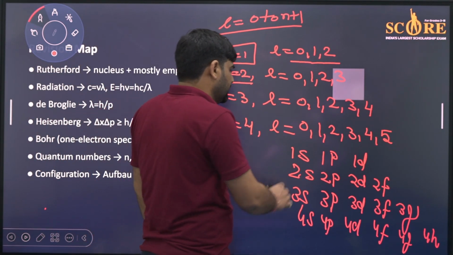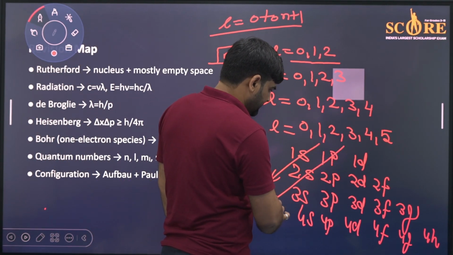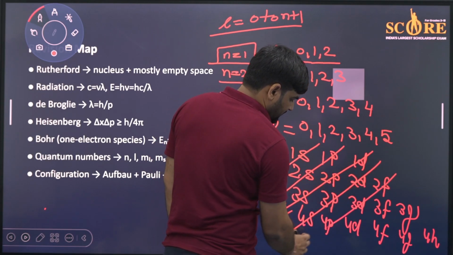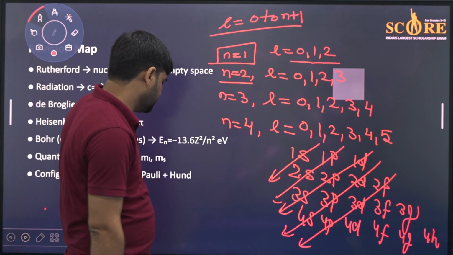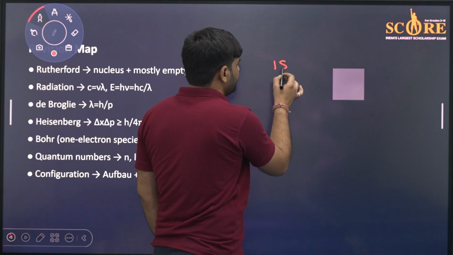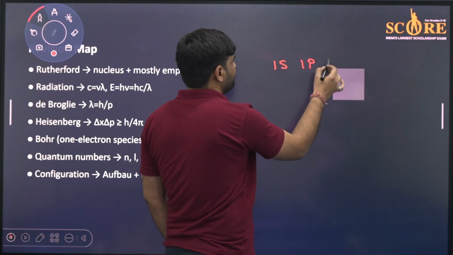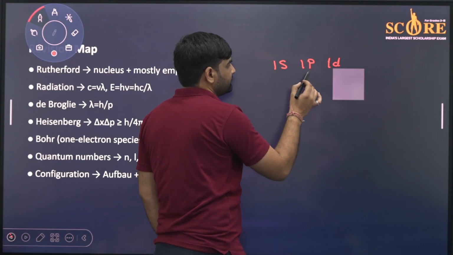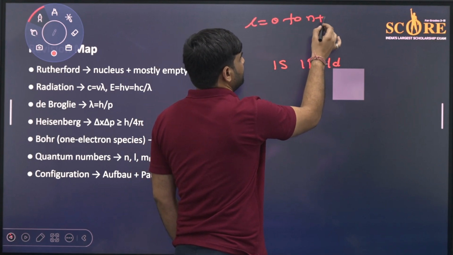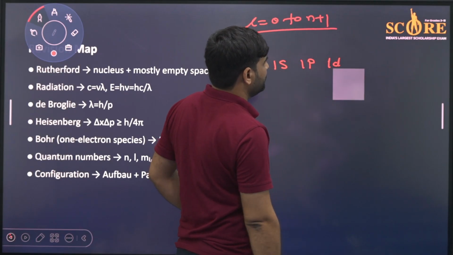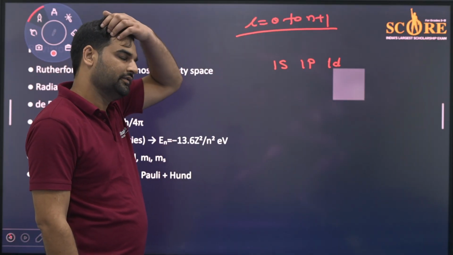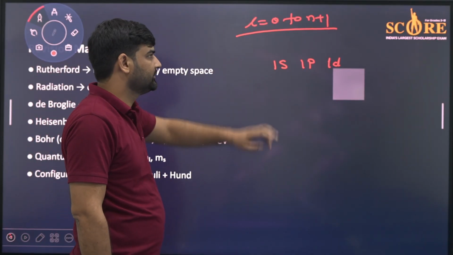Now the energy order will be decided by this path. So we can write the energy order also: 1s, 1p, 1d, because l was 0 to n plus 1. So if we write n equals 1, then this will be this.